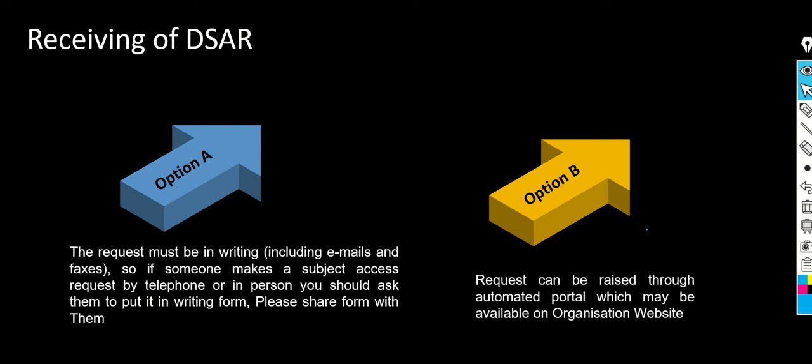So we need to prepare a mechanism within the organization through which an individual can raise the request. This can be through email. This can be through faxes. The first option is through email and faxes.